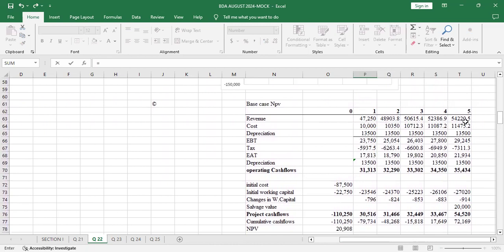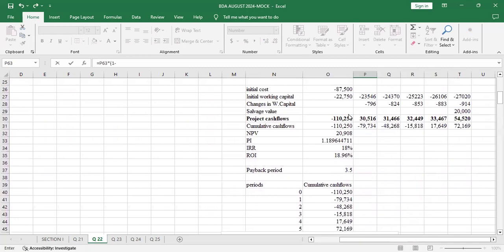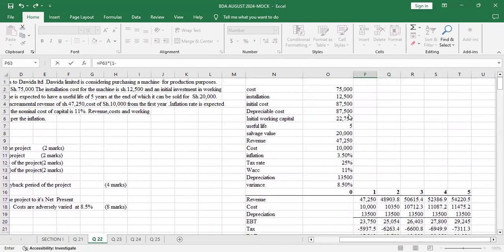I'll pick the year 1 value and multiply by bracket 1. We are told it is adversely affected by 8.5%, so it will reduce by 8.5%. I'll subtract the 8.5%.